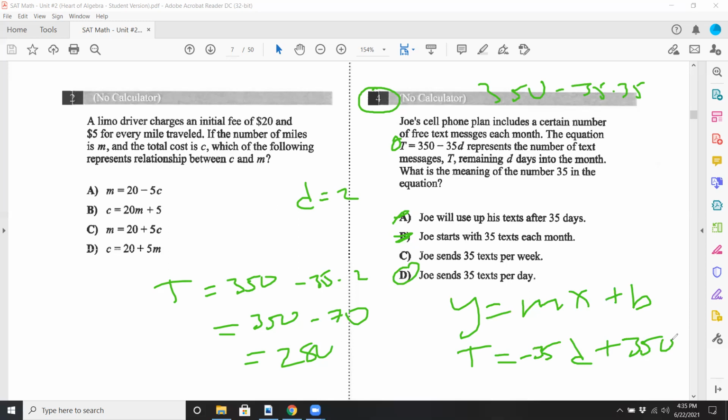That's a slope. What is slope? Rise over run. Change in y over change in x. What's my y value? Text messages. What's my x value? Number of days. So negative 35 text messages per day. That's why it's D. So I'm really going to make you guys think about linear functions this way.